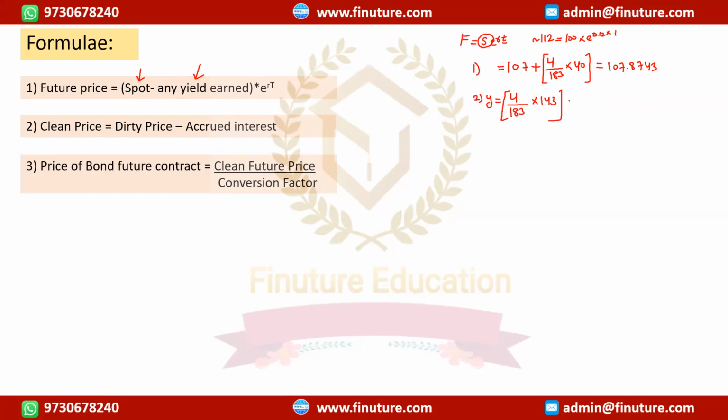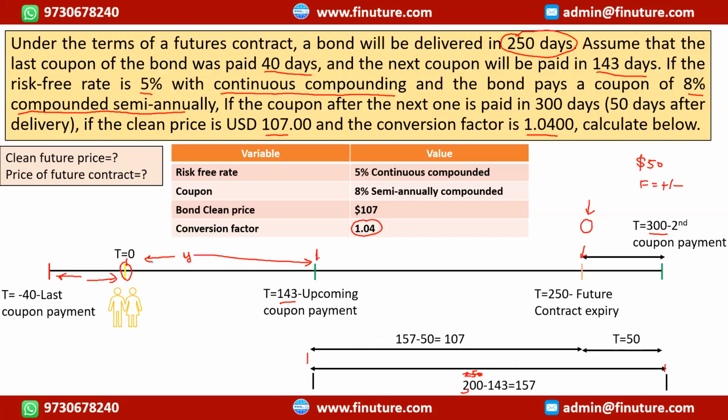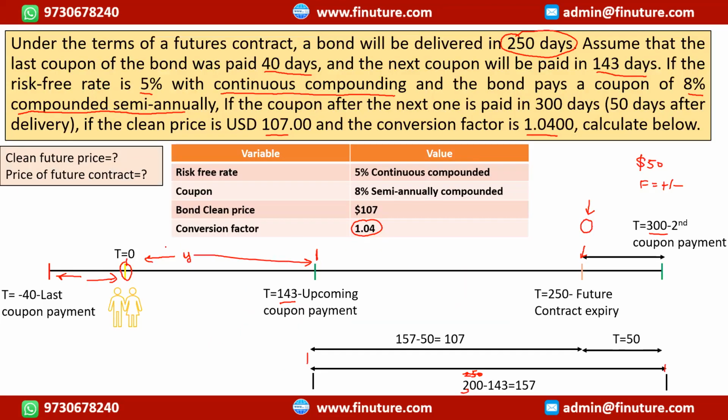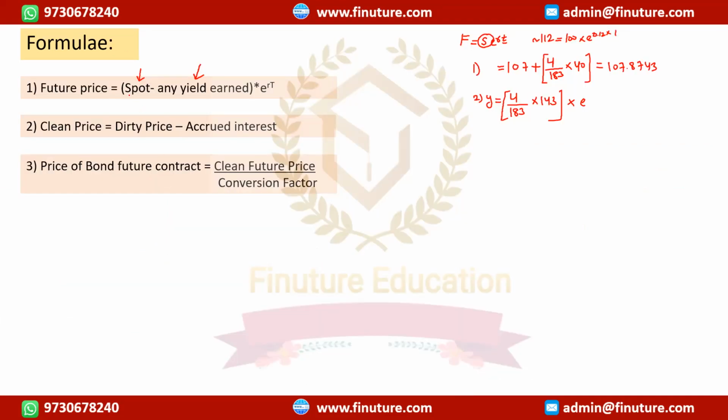So what we'll do, we will discount this quantity. Just logically, whatever we calculate, this number will be received at today. I need a spot price because I need to subtract it from the spot price. So this quantity has to be also as on T0. So this has to be discounted at 5%. So it is continuously compounded rate, but it is for 143 days. So year is for 365 days.